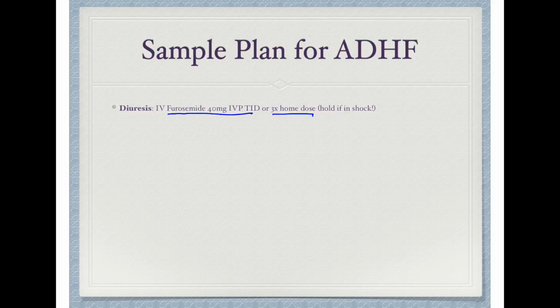You'd not be administering any diuretics for patients who are in cardiogenic shock or who are dry. Try to monitor daily weights, intake and output, and aim for a negative fluid balance of 1 liter.